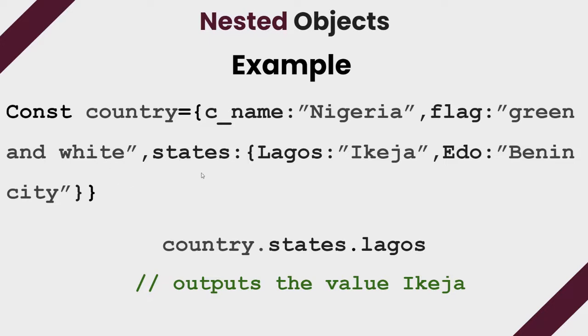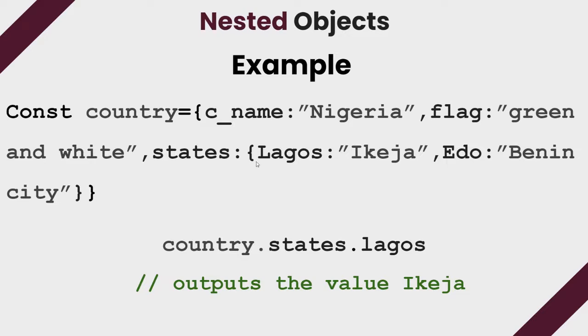Now you have the state here. Now this state here is a key, but the value it is assigned with is an object itself. So you can actually say that the object here represents the value, or some could say the value here is an object. Either way, it's okay.